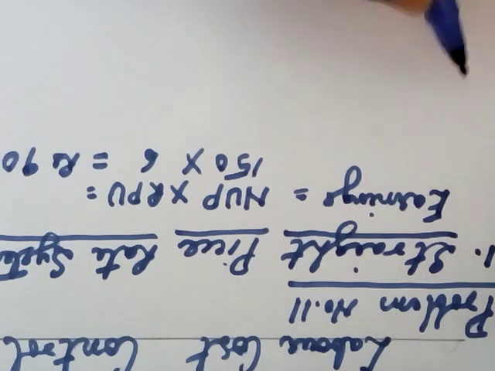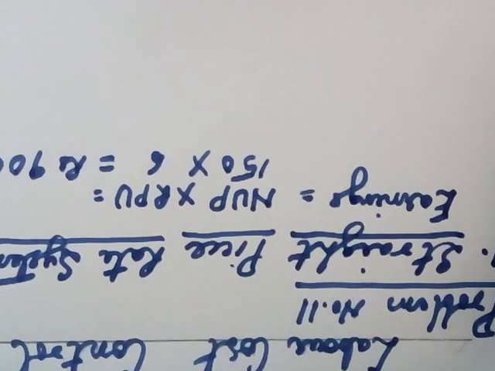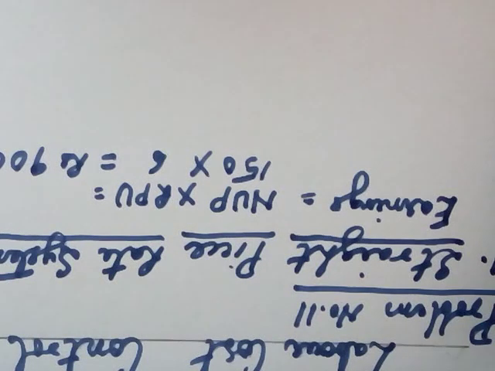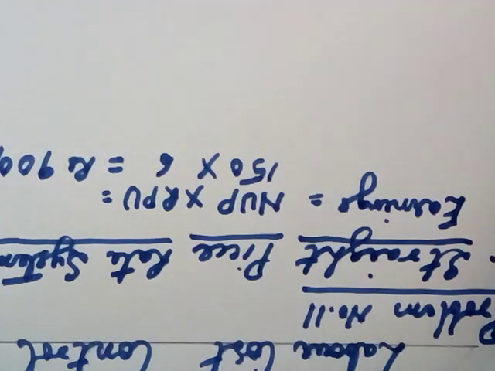This is one method. Let's continue with the second method, Taylor's differential piece rate system. Under this method, we need to first calculate the percentage of efficiency rate applied.